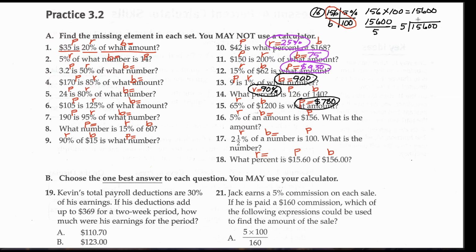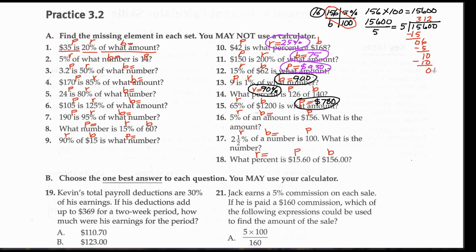5 goes into 15 3 times. That's 15. Subtract out, 0 left. Bring down the 6. 5 goes into 6 only 1 time. So 1 times 5 is 5. Subtract, 1 left. Bring down the 0. 5 goes into 10 2 times. So write 2, which is 10 here.